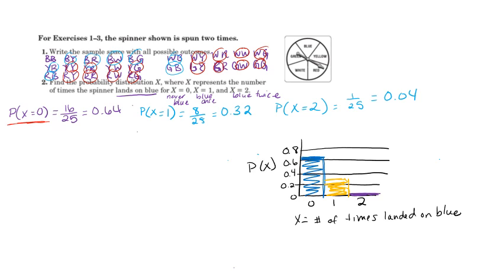It helps to visualize that there's more of a chance that I never get blue than getting blue. What's the probability of getting blue once? 0.32. What's the probability of at least getting it once? So 1 or 2, that would be 0.36, because I would add 0.32 plus 0.04.